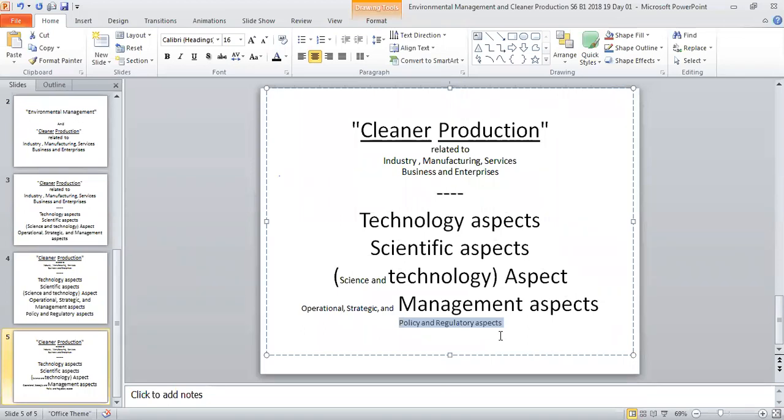So we have corona now. Global warming we have. Climate changes we have. Water scarcities we have. Water pollution we have. Air pollution we have. If you damage the environment, if you pollute the environment, if you harm the environment, which means you are harming yourself, you are damaging yourself, you are polluting yourself.